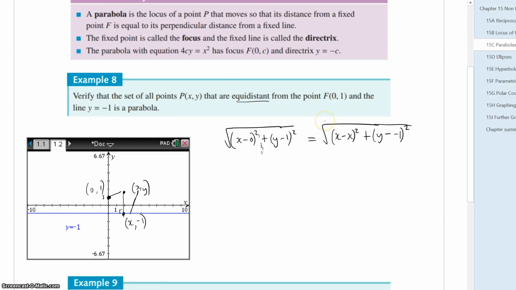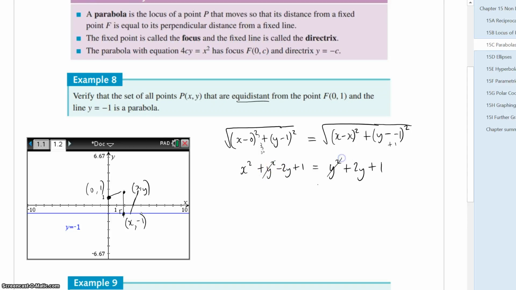I'll square both sides, and I'll do a little bit of playing around. So that's x squared plus y squared minus 2y plus 1 equals 0 squared, so it's 0, plus y squared plus 2y plus 1, because that ends up being a plus 1 there. Now I can just rearrange and find out what y equals.